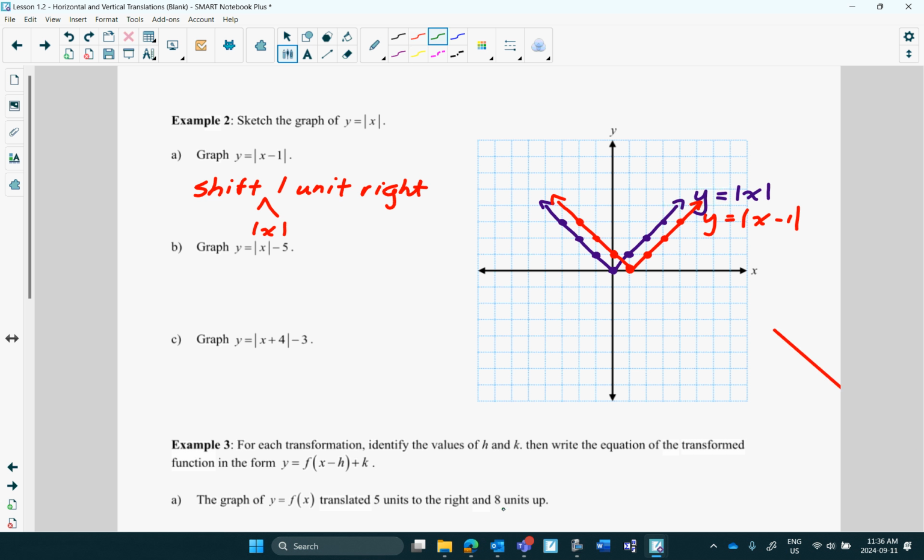What does the next one, B, tell us to do? Yeah, take the purple one, the absolute value of x, move all the points 5 down. So we're going to shift absolute value of x 5 down. All the points for the entire graph.